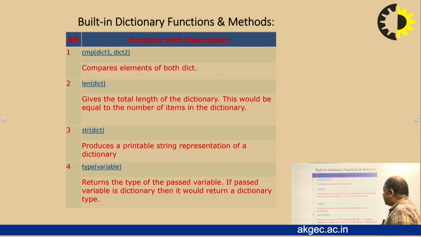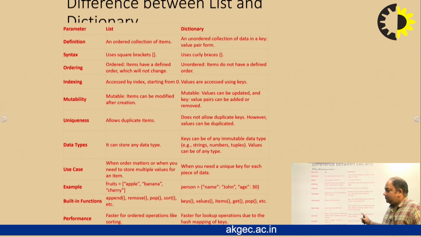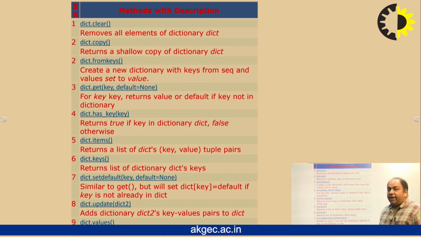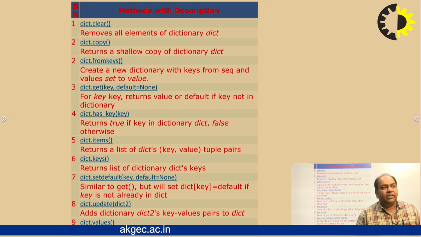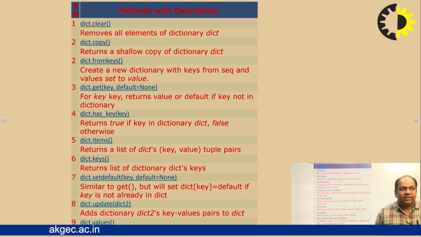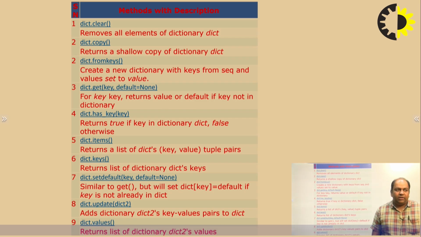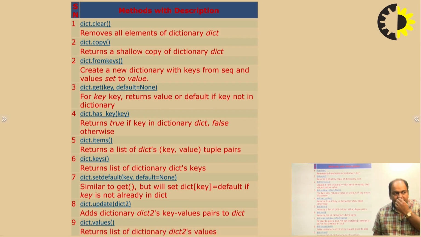When we return the type of the passed variable, we use type. When we want to remove the contents of the dictionary, that I already told is clear. If we want to create a shallow copy of the dictionary, we use copy. When we create a new dictionary with the keys from a sequence and values, we use fromkeys.